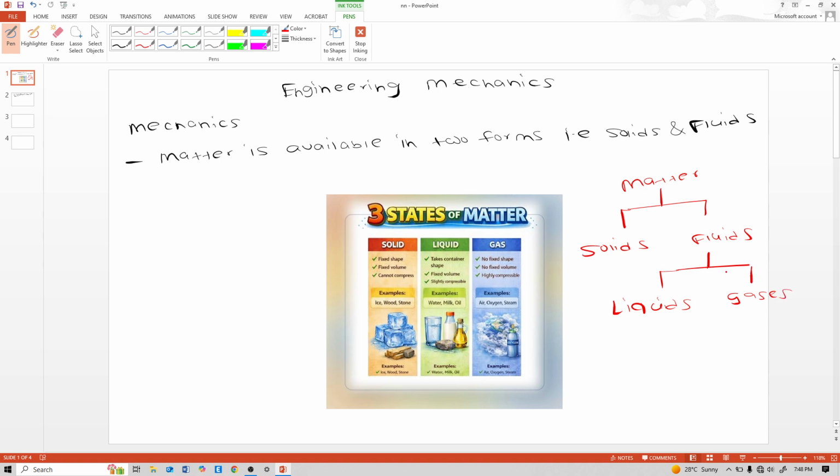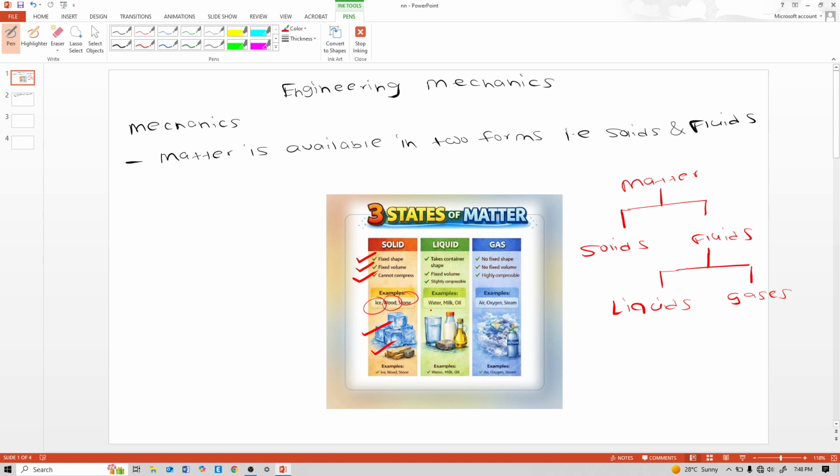So see an example of that. Solid is nothing but ice, wood, stone. See, ice, wood, stone, those are solid examples. A solid has a fixed shape, fixed volume, and cannot be compressed easily.